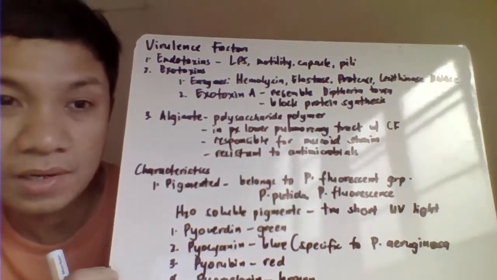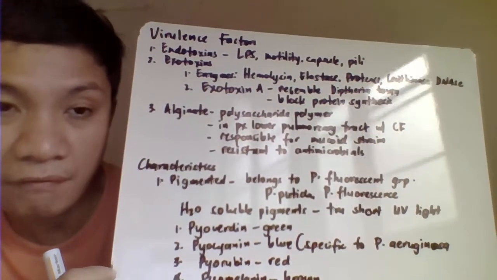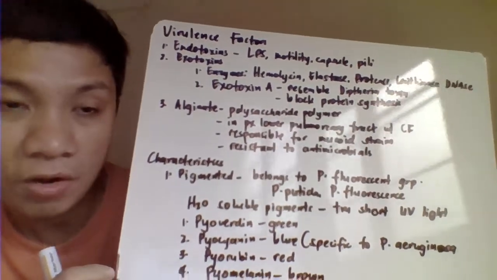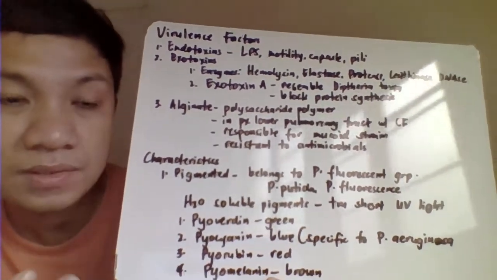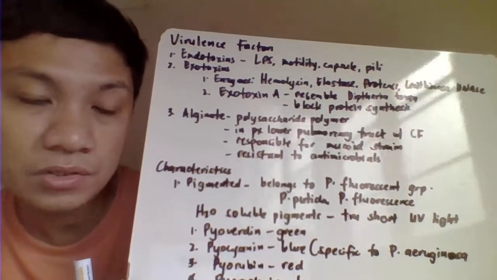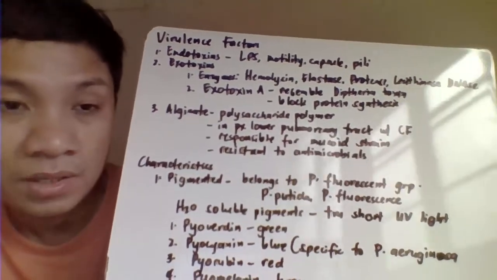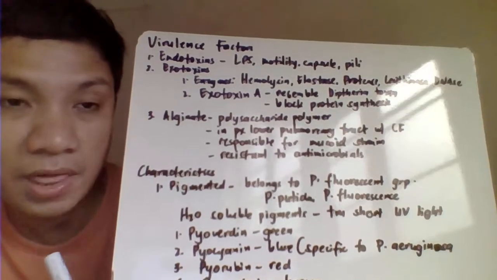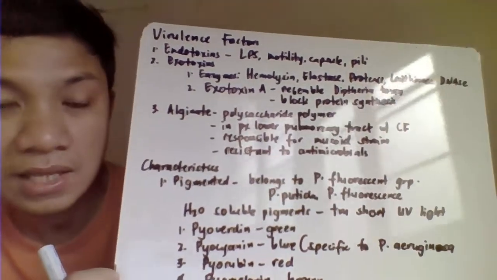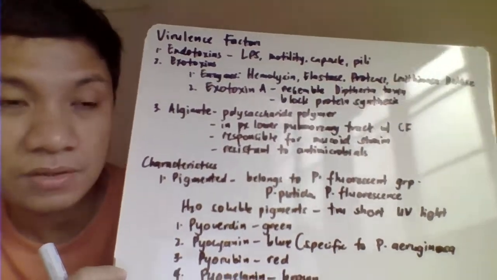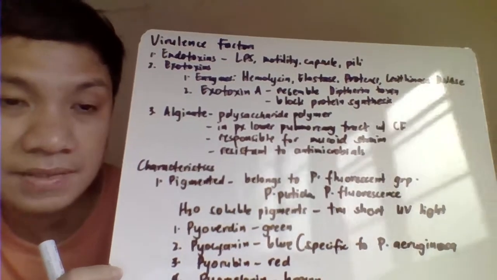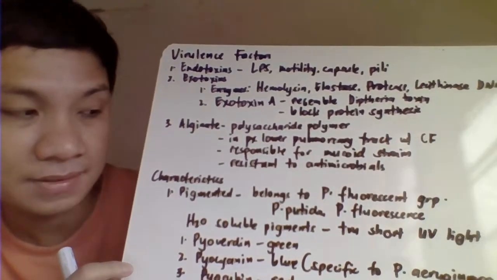Alginate is the polysaccharide polymer responsible for the highly mucoid colony characteristic of those strains collected from the lower respiratory tract of patients with cystic fibrosis. That strain is also highly resistant to different antimicrobial agents.